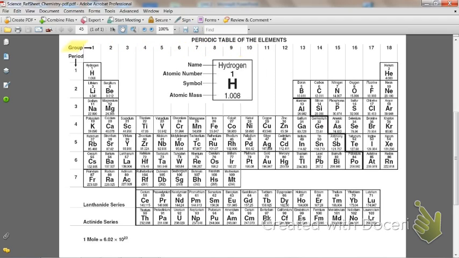Alright, and then along the side here are the periods. And there are 7 periods. And the periods, remember, they go from left to right over the periodic table. So these are all periods. This is period 4, period 5, period 6, and period 7, going across the periodic table.